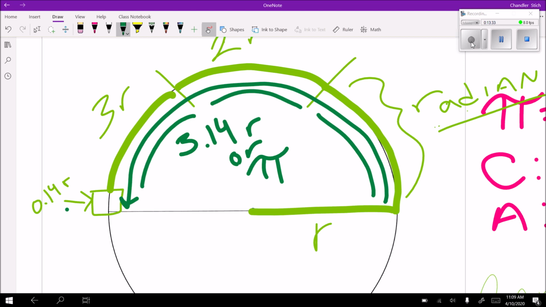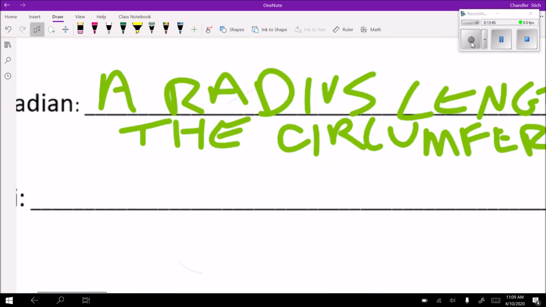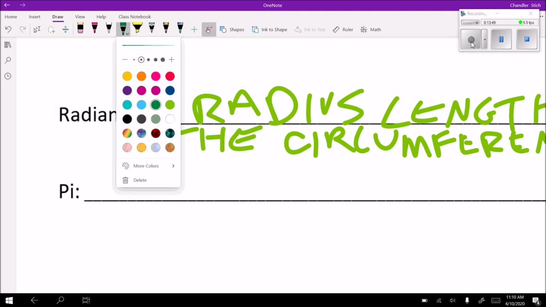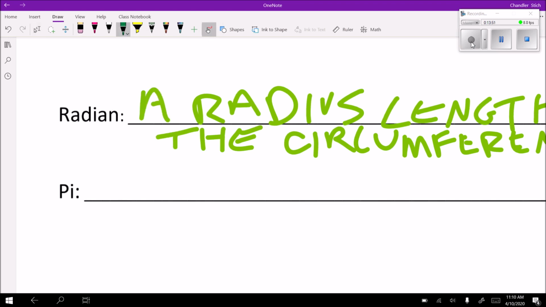So what is pi? Well, pi is the number of radians around a semicircle, or half a circle.